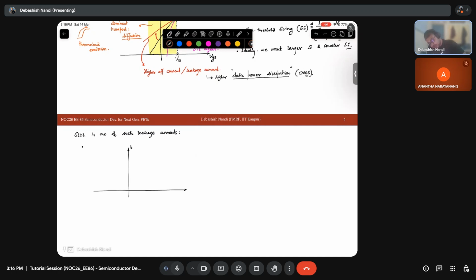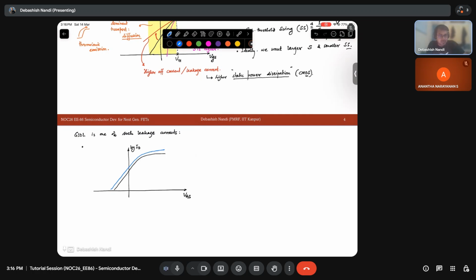So this is log of ID, this is VGS. Ideally this is without GIDL, and because it is a short channel device, you will have something like this. I am exaggerating.